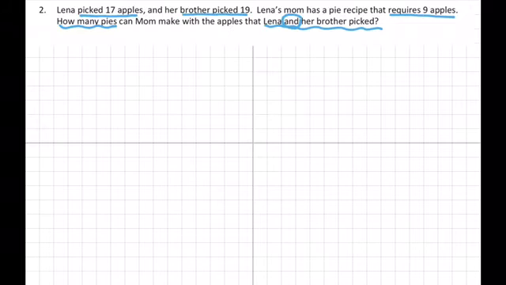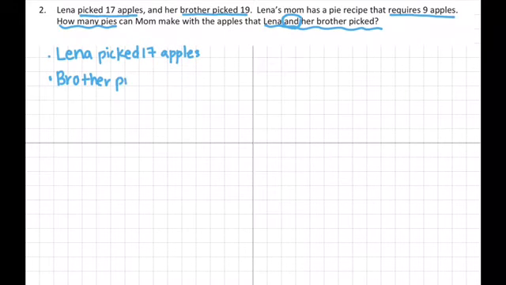And that is, the first thing I know is Lena picked 17 apples. The second thing I know is that her brother picked 19 apples.